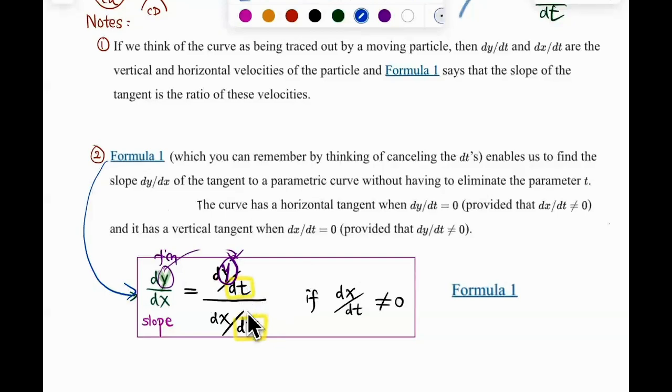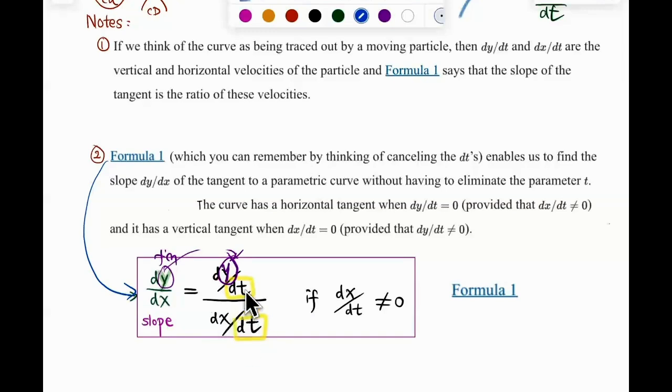If you cancel the dt and dt here, you get dy dx. So in order to find the slope dy dx of the tangent to a parametric curve without having to eliminate the parameter t, you don't need to find the formula with y and x together directly. You can just find dy dt and dx dt, then you can find dy dx, providing the denominator is not zero.